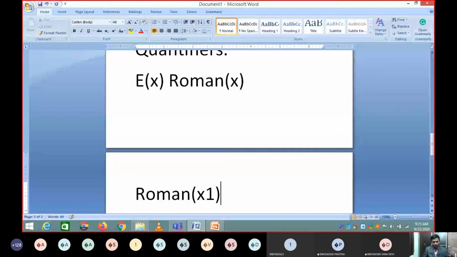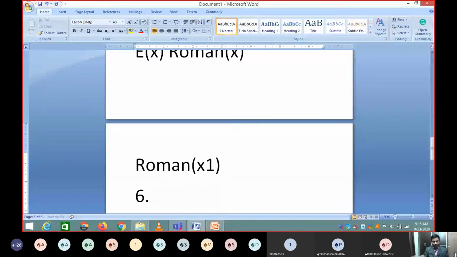Anyway, all these universal quantifiers will also be removed at some point of time. The next rule is to remove the universal quantifiers, because after removing the existential quantifier I have written universal.